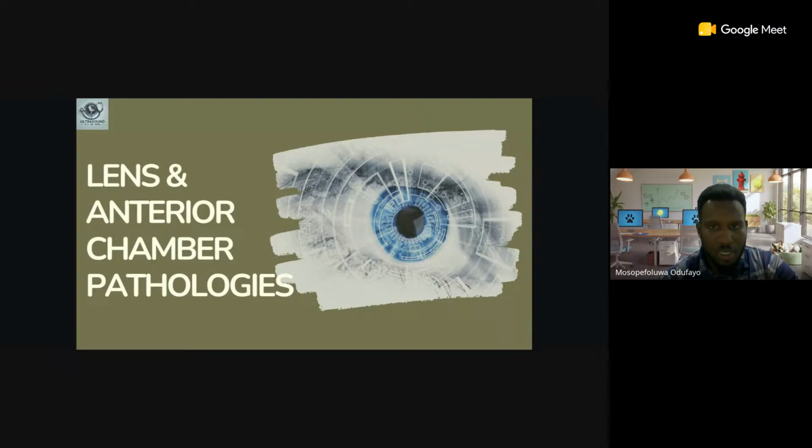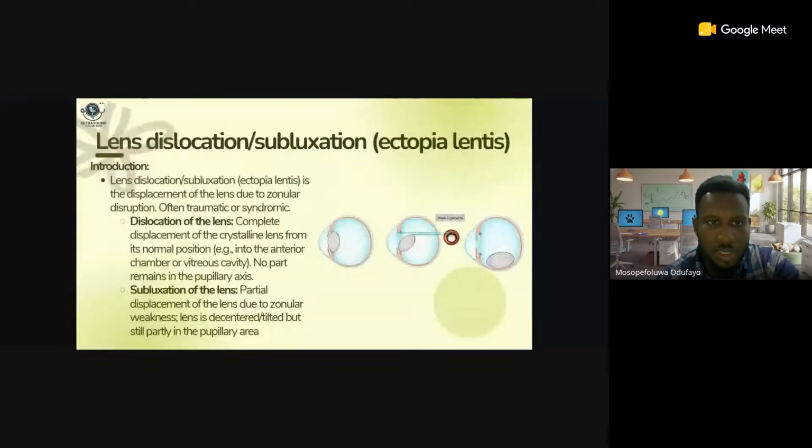So let's talk about lens and anterior chamber pathologies, pathologies associated with the lens. One of the first things you can see with the lens is that the lens is dislocated or undergoes subluxation. This is called ectopia lentis. It is that the lens is displaced due to disruption in the fibers that hold it. So there are different levels of displacement, basically.